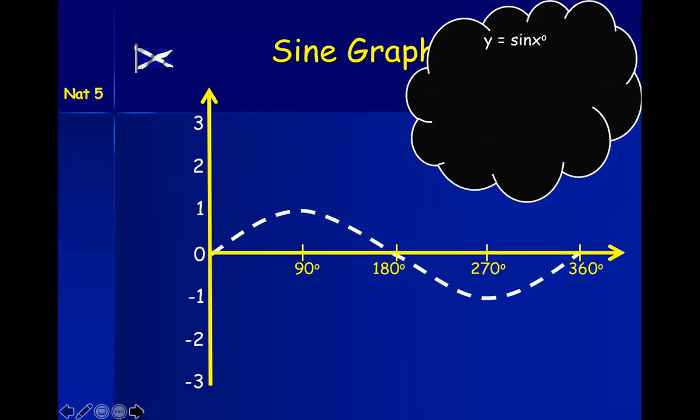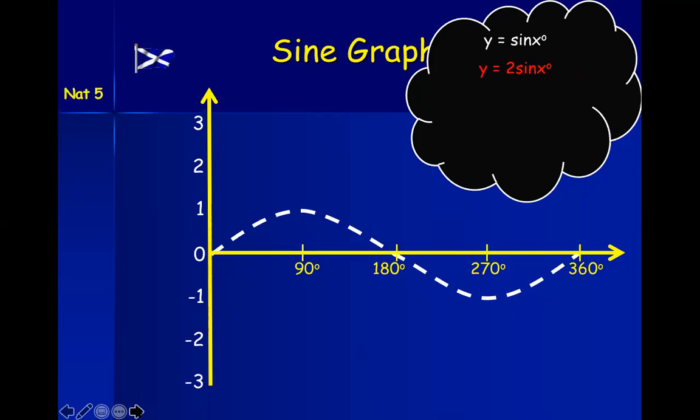It goes from 0 to 1 at 90 degrees and passes through 180 degrees at 0 again, -1, up to 360. So that would be y equals sine x.